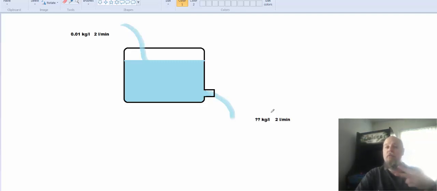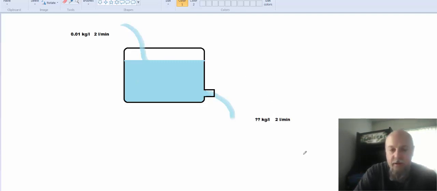We're going to end up having two different kinds of these word problems. Ones where the volume is constant, like this one, and ones where the volume is not constant, like the next one we're going to do. In questions where the volume is not constant, it'll be different, like 2 liters per minute flowing in and then either more or less flowing out.